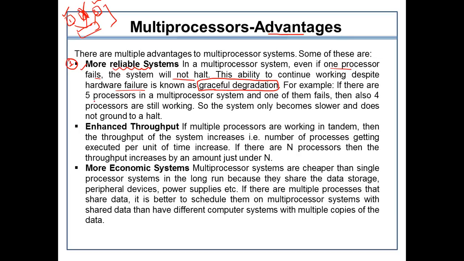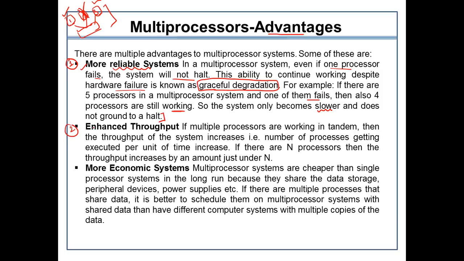For example, if there are four processors in a multiprocessor system and one of them fails, then the other processors are still working. The system only becomes a little bit slower in terms of processing, but it is not going to stop the entire work. That is why you can rely upon these kinds of machines. This is one of the biggest advantages that multiprocessors give us.